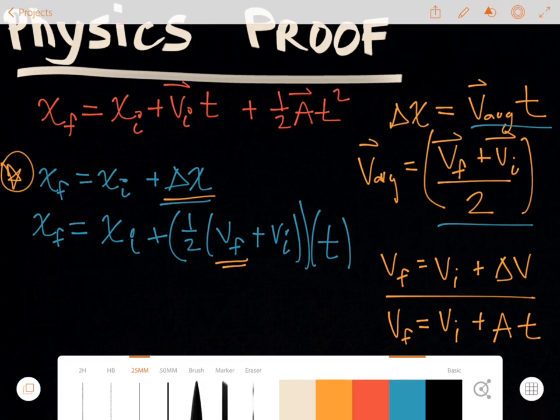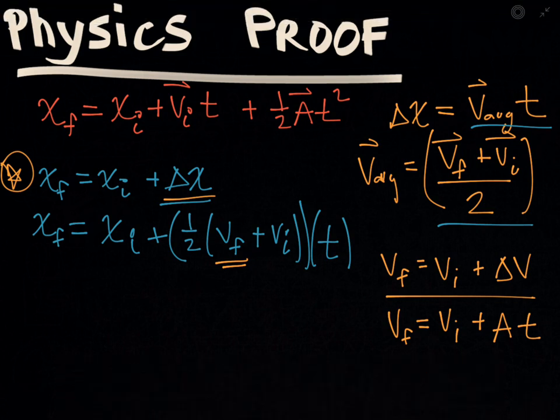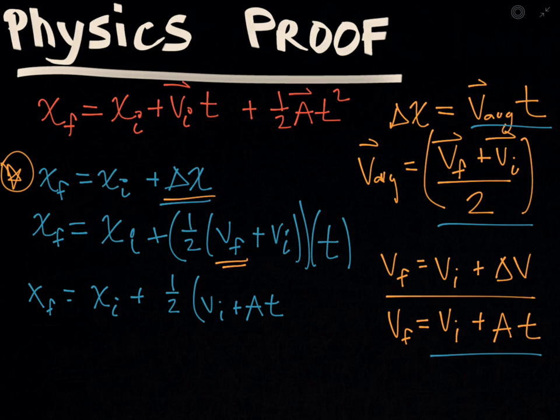And I'll go back to blue. So we have the final position is equal to the initial position plus 1/2 the final velocity, but I'm going to use this for final velocity. So I'll say 1/2 times vi plus at. That's final velocity.